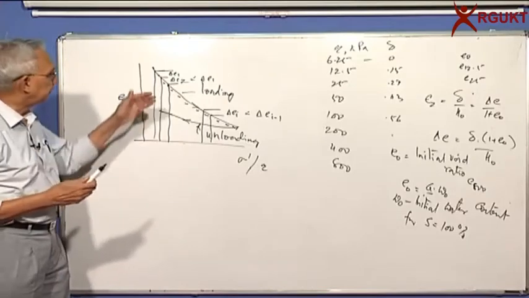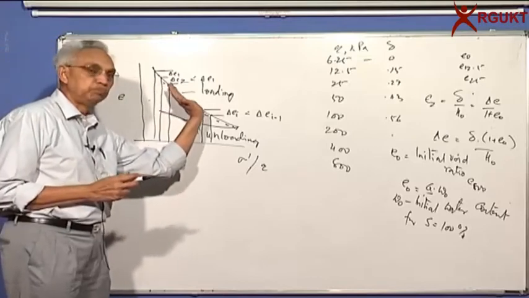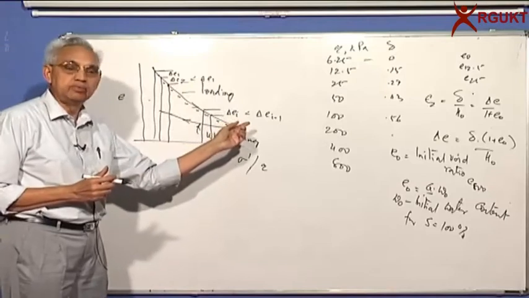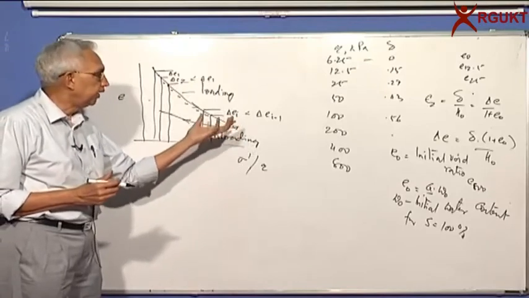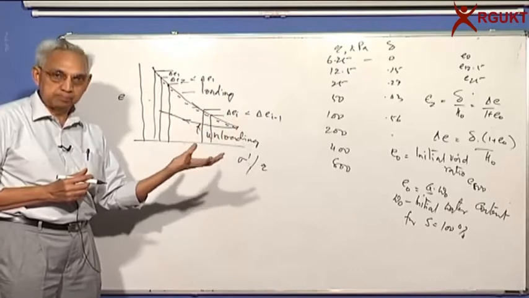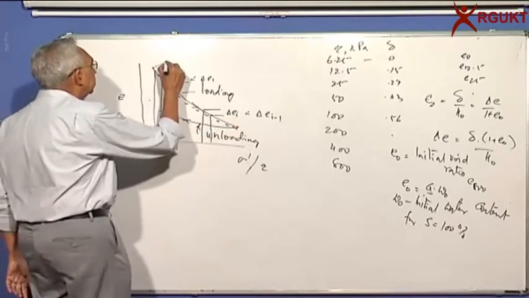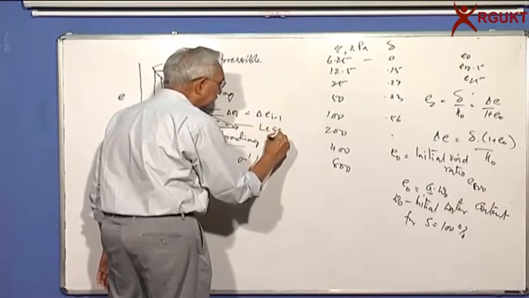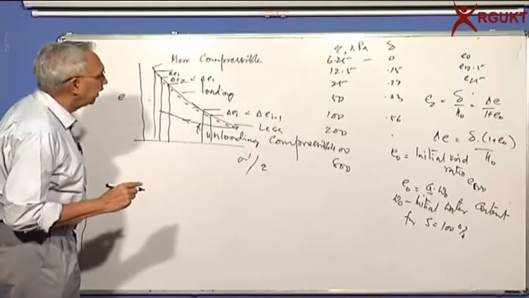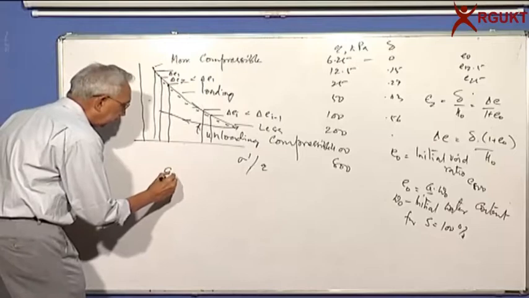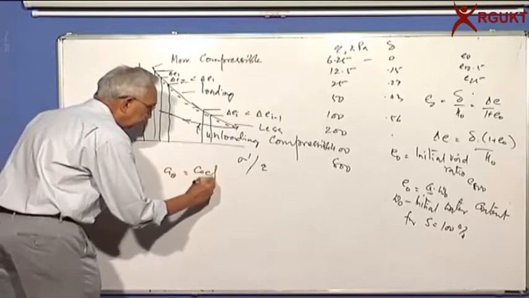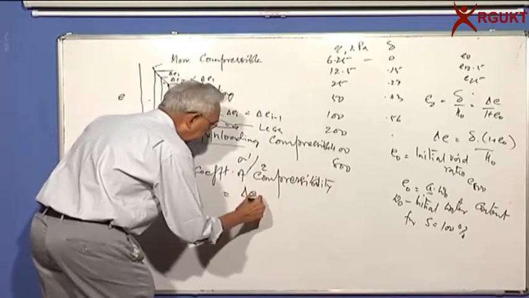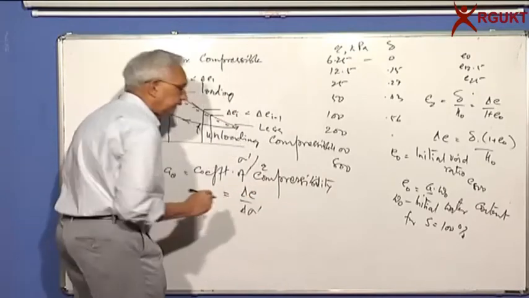And so what you find is this curve is concave upward, which means the shape is with decreasing slope, which means it's becoming less compressible. You can say here, whereas towards the end it is less compressible. We have defined a parameter called a sub v, the coefficient of compressibility, which is equal to change in void ratio by change in effective stress.